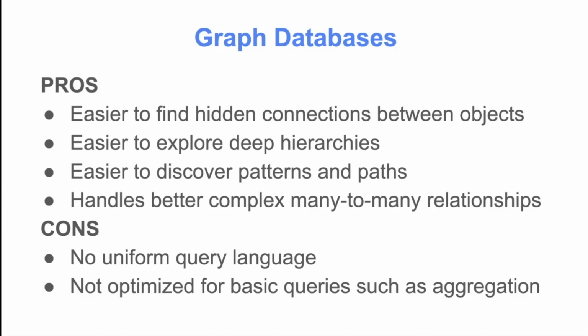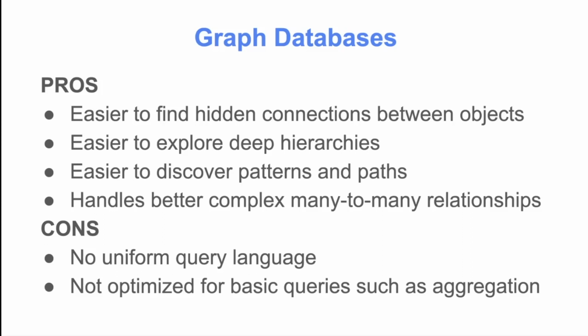Now, for the cons. First, as I mentioned earlier with relational databases, there is a uniform query language, wherein if you're working with Postgres or MySQL, you can move easily between them with minimal changes. The query language is SQL, the standard query language. But for graph databases, there are different ones, and each of them has its own, sometimes proprietary, language.